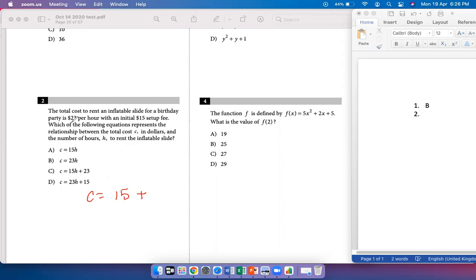And since for 1 hour the cost is 23, for H hours it would be 23H. So my answer would be 15 plus 23H, which is option D. Okay, let's move on.